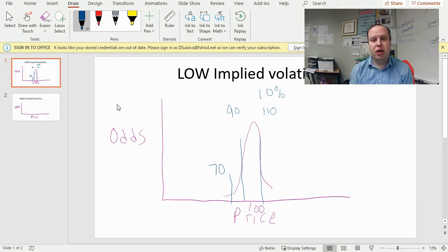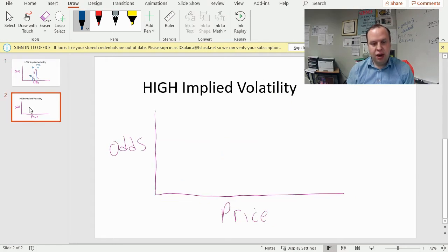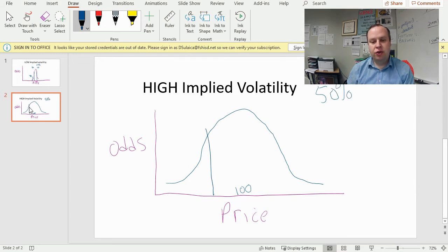Now, if we look at high implied volatility, we're going to have a much longer and wider range of prices. If the price is at 100 and we have an implied volatility of, say, 50%, then we're saying that there's about a 2 in 3 chance within a year that the stock will be anywhere from $50 a share up to $150 a share.